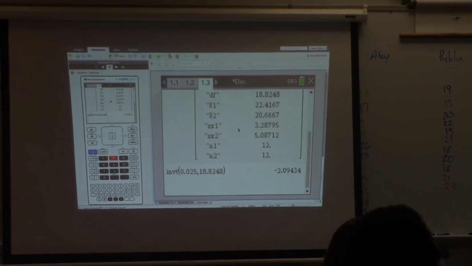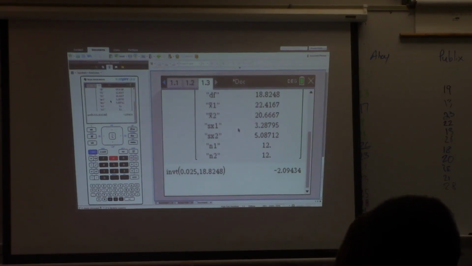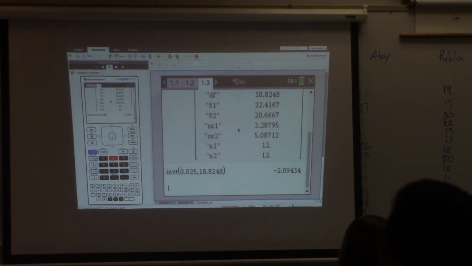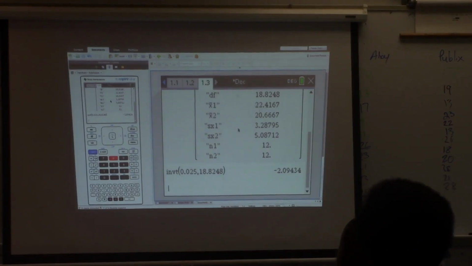Running the test here gets you the degrees of freedom and allows you to get the critical value. At the same time, you could have just done the 2.201 for your t star and then run the calculator and gotten the interval this way. The calculator is not going to do it off of that degrees of freedom of 11 though. It's going to do it off of that other degrees of freedom.